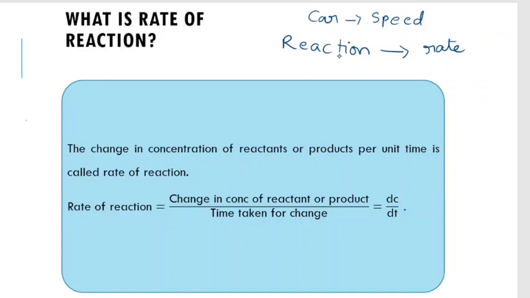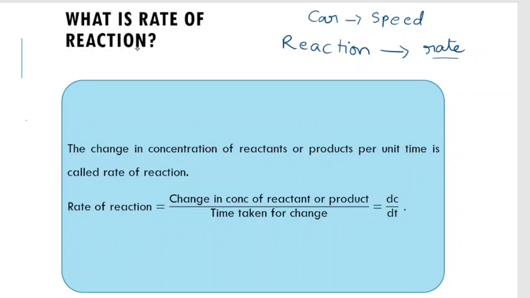Similarly, for a reaction, within the given time, how much concentration of reactants or products is converting into the respective products or reactants, or you can say per unit time, is nothing but the rate of a reaction.